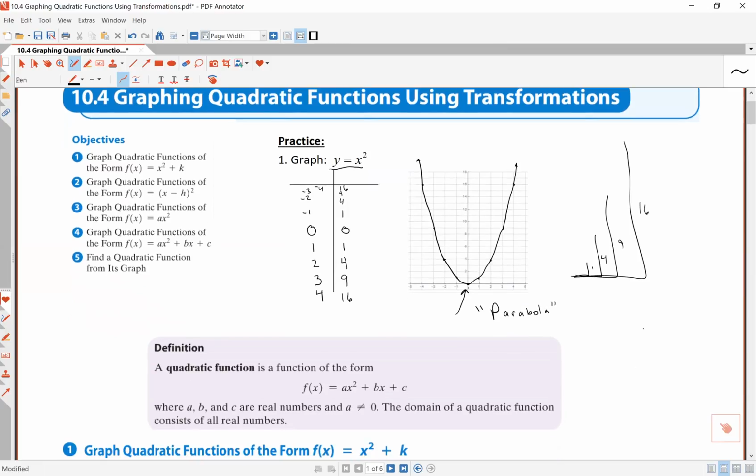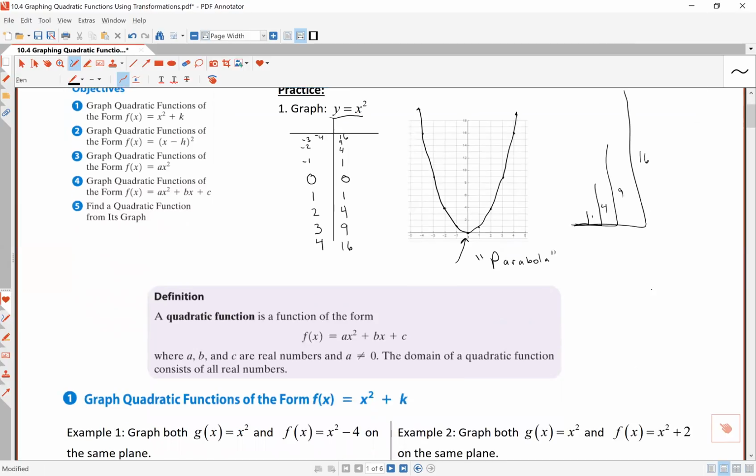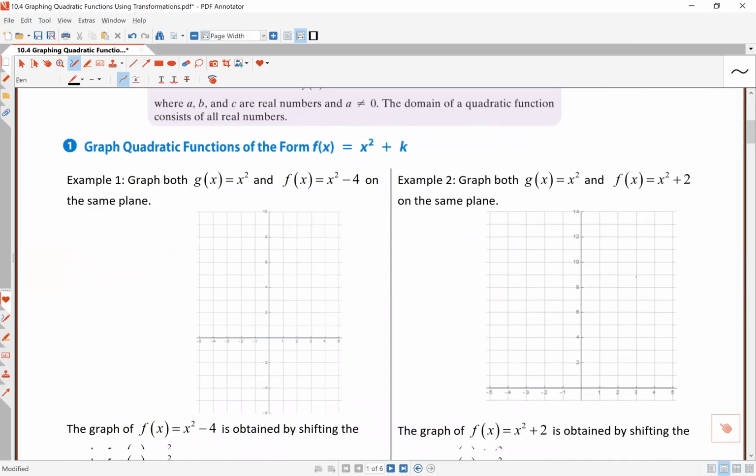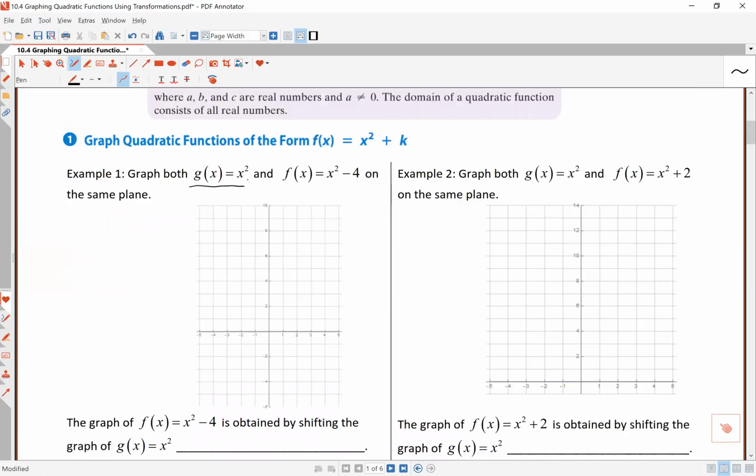And now in objective 1, we're going to graph quadratic functions of the form f of x equals x squared plus k. We're going to keep in reference the graph of y equals x squared: (1, 1), (2, 4), (3, 9), and the negatives have the same y values.